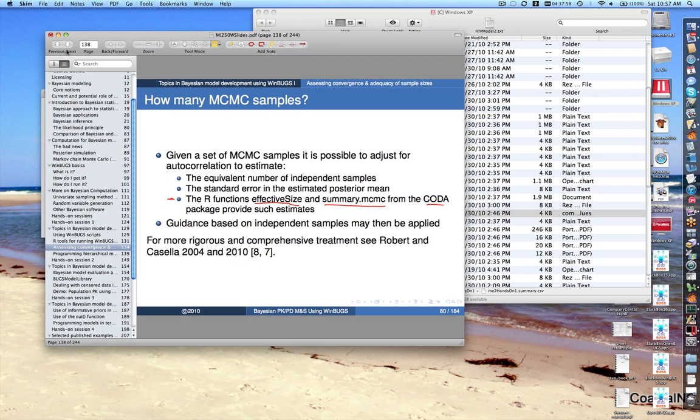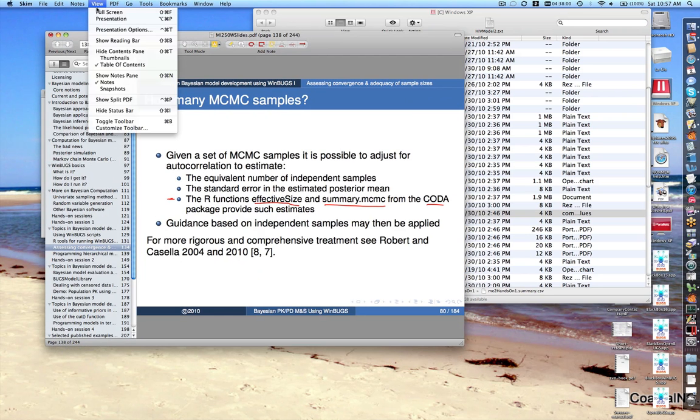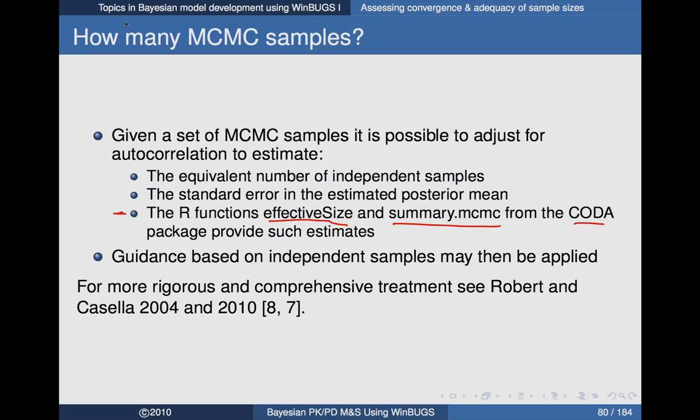Okay, let's get back here. Okay, so the point I was going to make is, given that, you can draw on guidance based on independent samples to decide whether you've generated enough for the given case you've wanted.